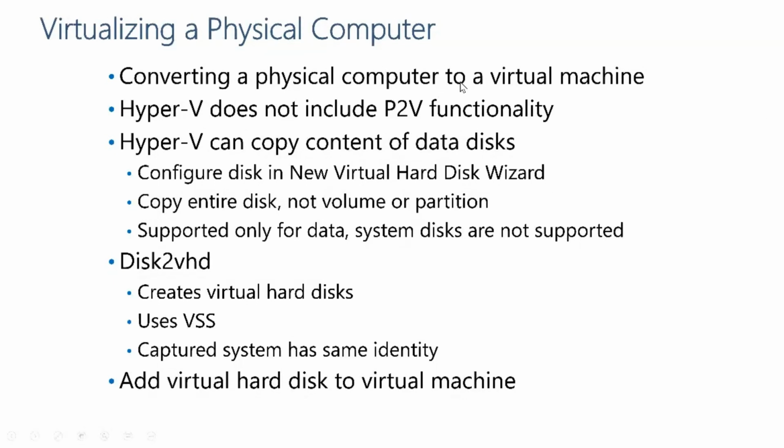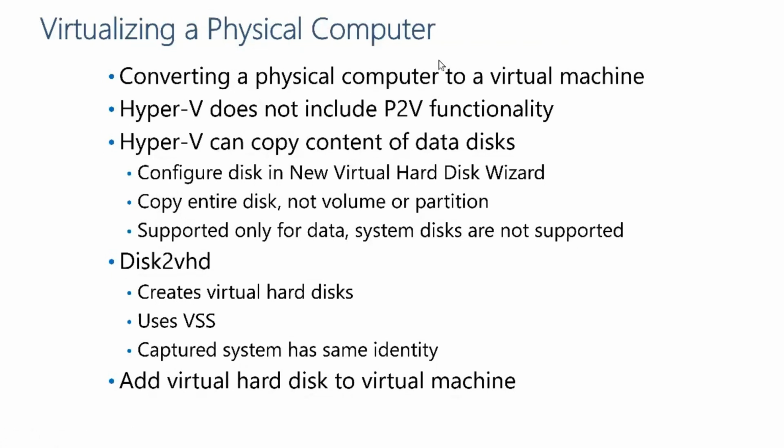Virtualizing a physical computer, I think we spoke about that even in the VMware Workstation subject. There's a thing called P2V, physical to virtual conversion, and we can actually convert a physical server to a virtual server. We can also use Disk2VHD, which converts a physical disk to a virtual hard disk. So why is this useful? Well, what if you have a physical deployment of all your servers?